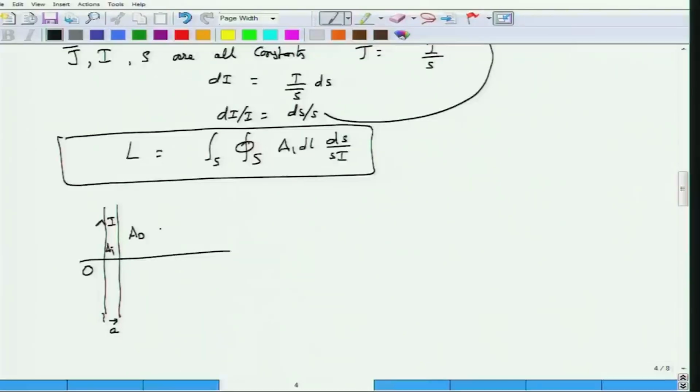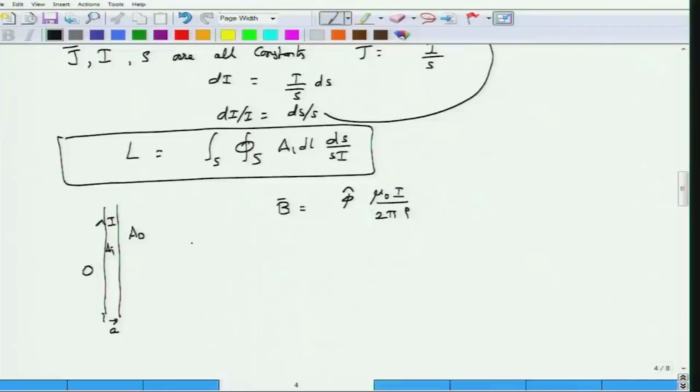So, outside the current enclosed is I, and you can actually write down the expression for magnetic vector potential A0, or you can start with the magnetic field B and then calculate what is A0, okay. So, outside B is actually given by mu 0 I by 2 pi r if you are at a particular distance r over here, or let us say I want to use r for a different reason. So, I am going to write this as mu I by 2 pi rho.